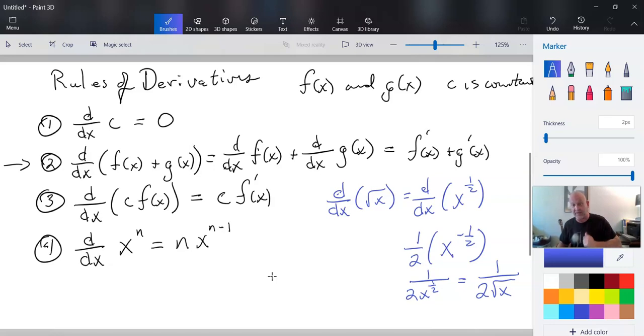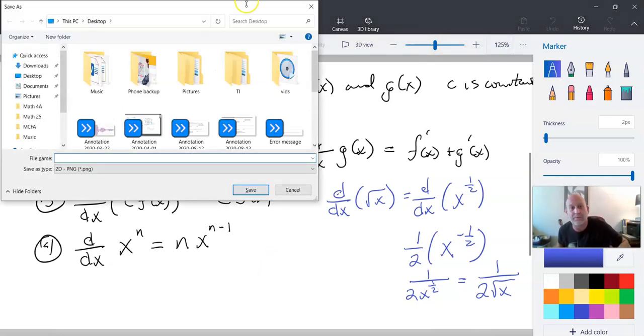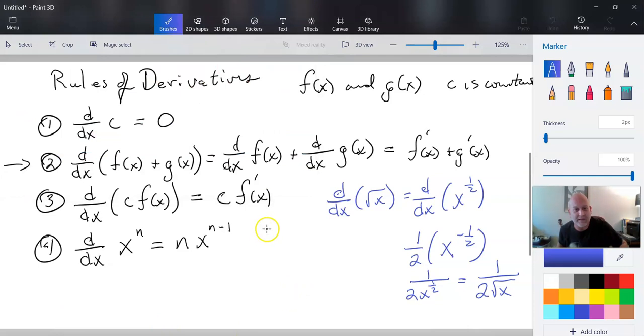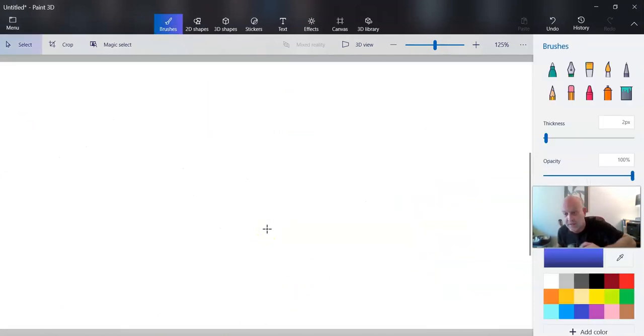So anything that you use the quotient rule on, you could use the power rule on. So let's go ahead and look at those last two. And then basically after we get through these last couple rules, it's just going to be examples from here on out of how to use those rules in concert. So, okay, so product rule.